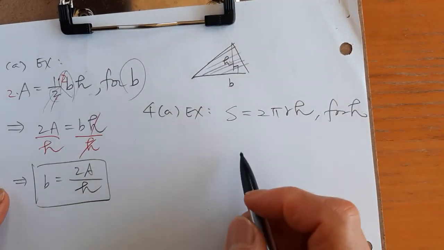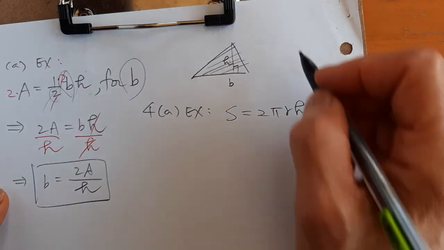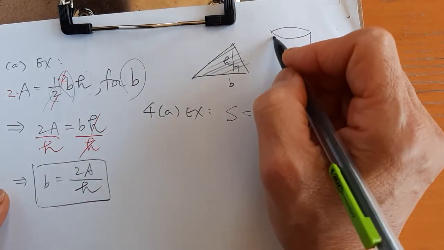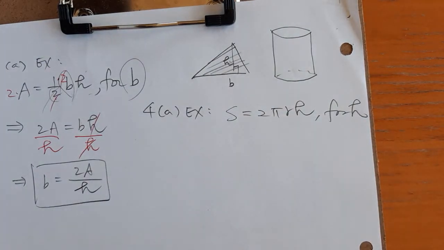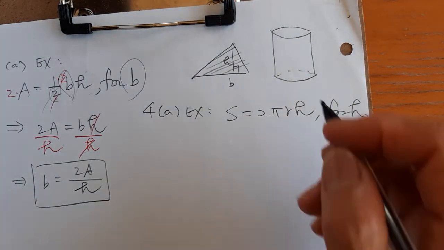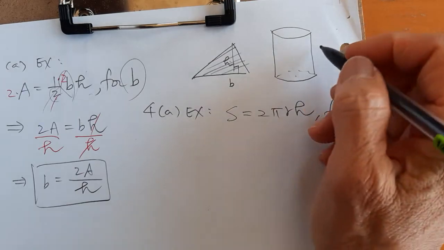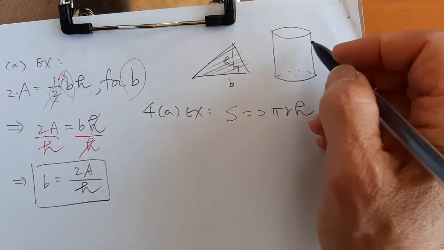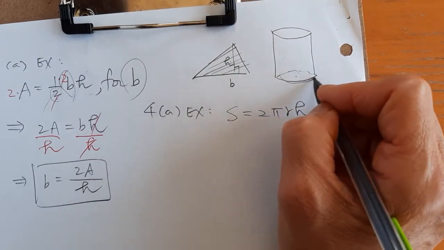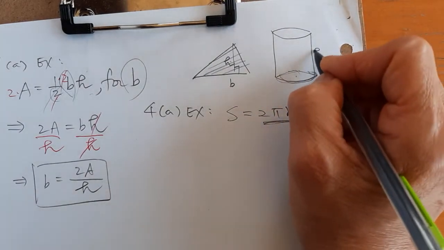So this formula is for a cylinder, right cylinder. We call it lateral surface area. Lateral surface area. This circumference is 2 pi r times h.